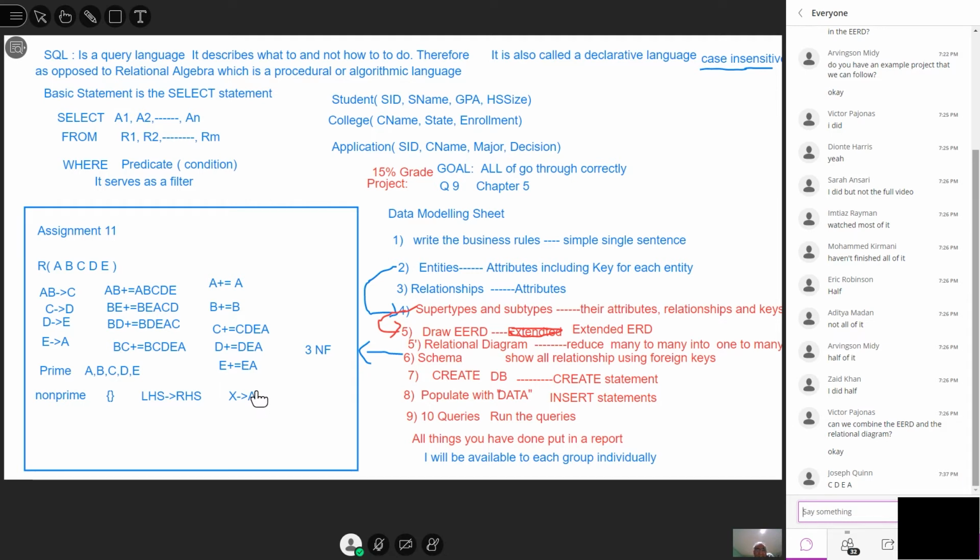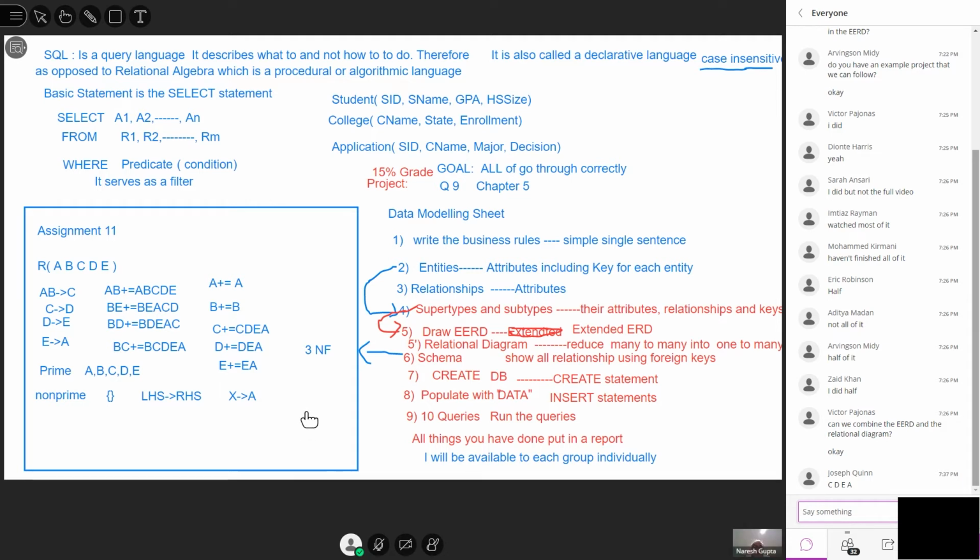We are saying this right-hand side is partially dependent on the left-hand side. But A must be non-prime. If A is not a non-prime, you don't check anything. So what does that mean? If there is no non-prime, it is automatically in second normal form.